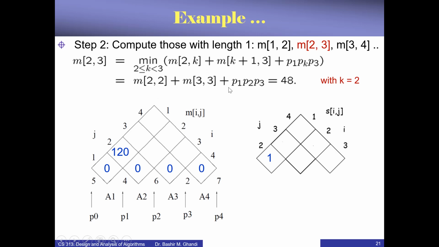So actually, all you need is this product: P1, which is 4, times P2, which is 6, times P3, which is 2. Multiply this and you get 48. It is this 48 that you should put in position 2,3. What value of k gives you this value? It is k equal to 2. So store 2 in the other array S at position 2,3. Okay, next we look at M34.